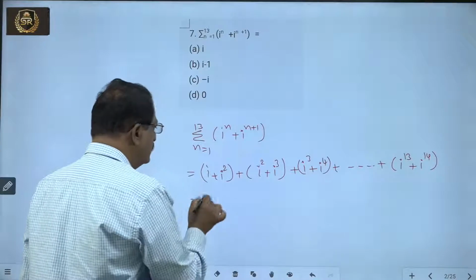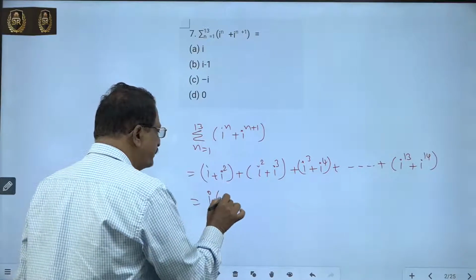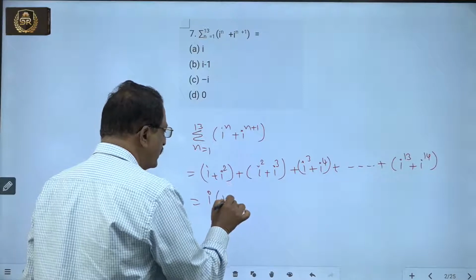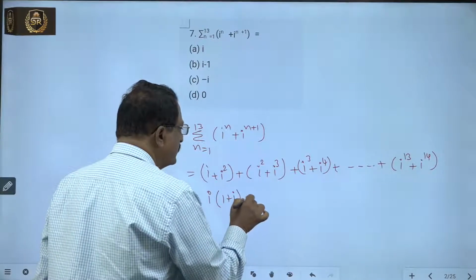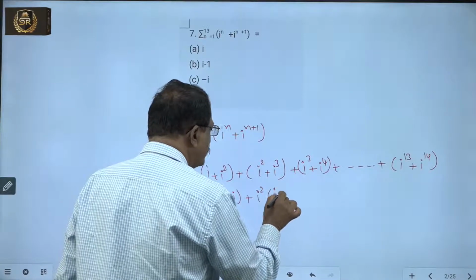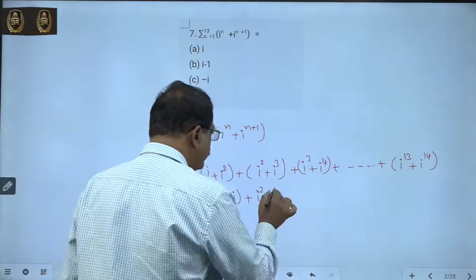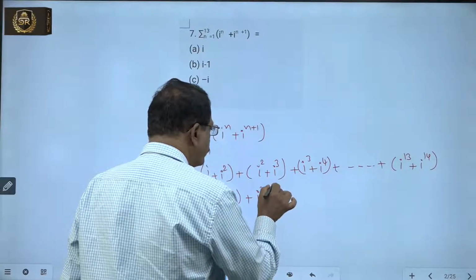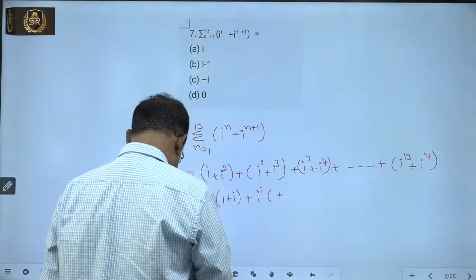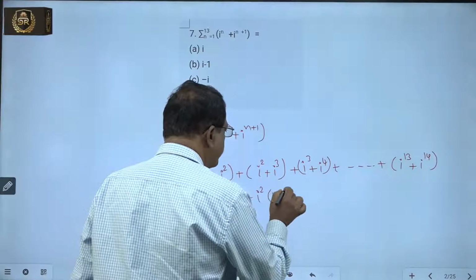Now in this, take i common from the first term: i into (1 plus i). In the second, take i squared common: i squared into (1 plus i).